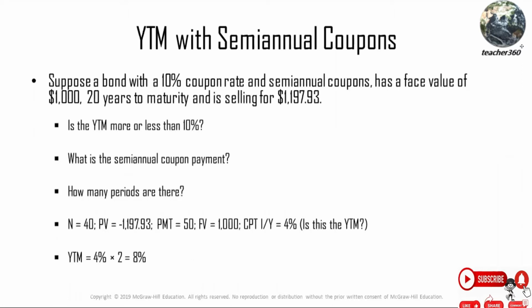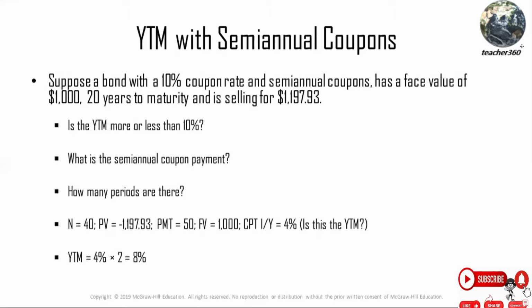YTM with semi-annual coupons. Suppose a bond with a 10% coupon rate and semi-annual coupons has a face value of $1,000, 20 years to maturity, and is selling for 1,197.93.